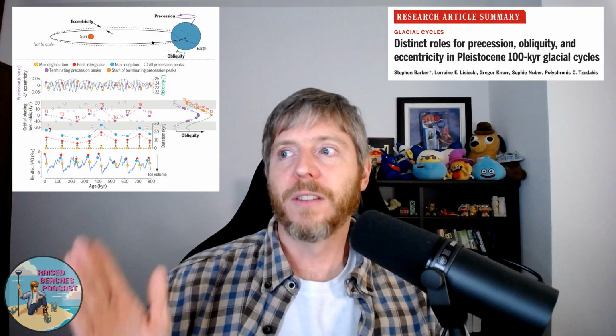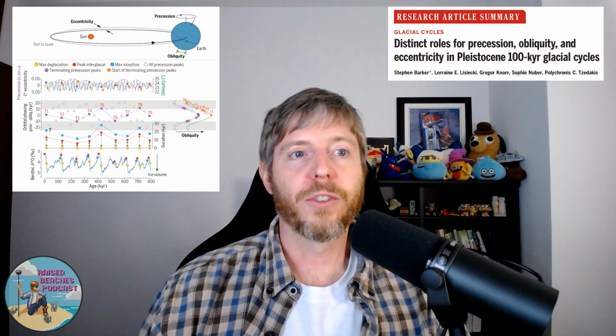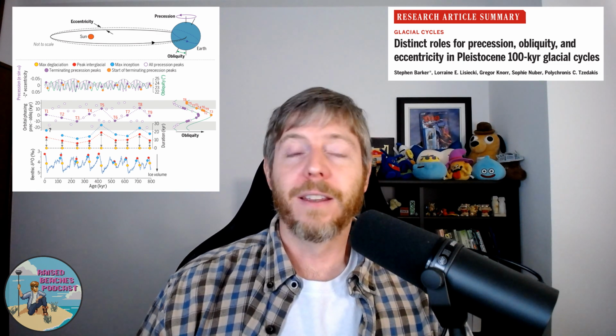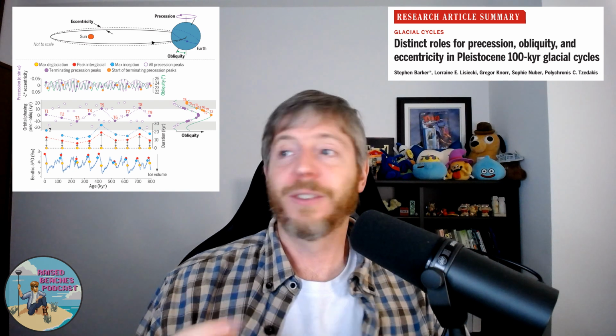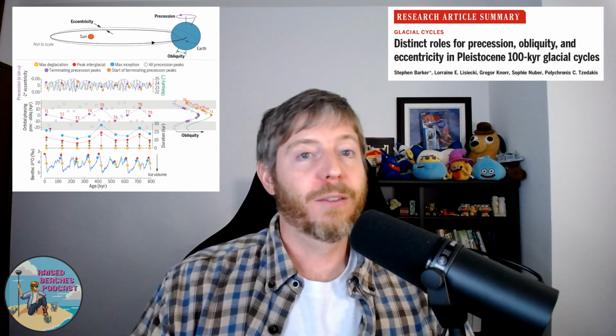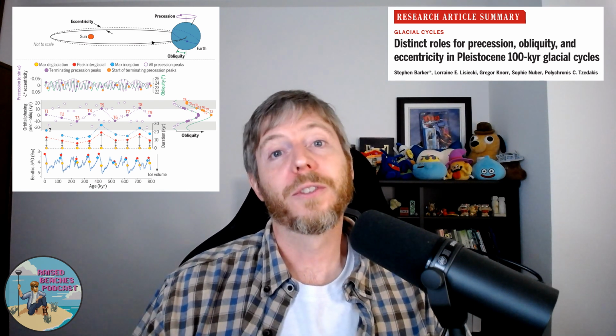This rule seems to apply to every single glacial cycle in the past 800,000 years. And so basically it creates a rule about when deglaciation happens and when glaciation starts again in an orbital sense.